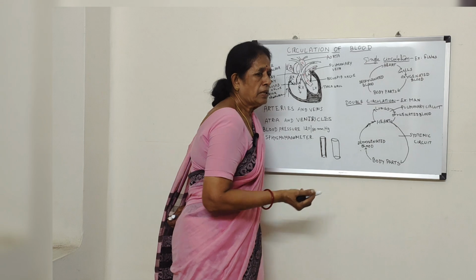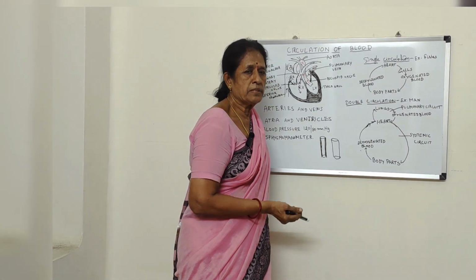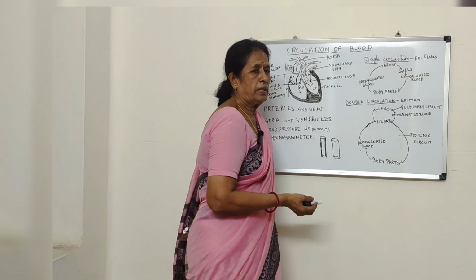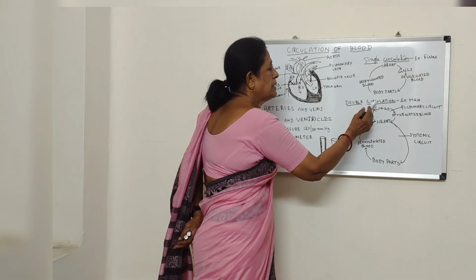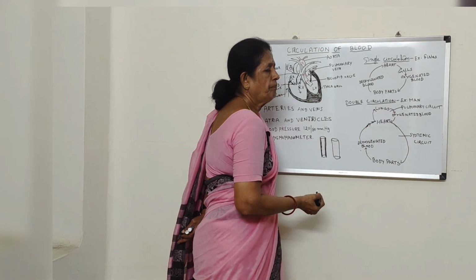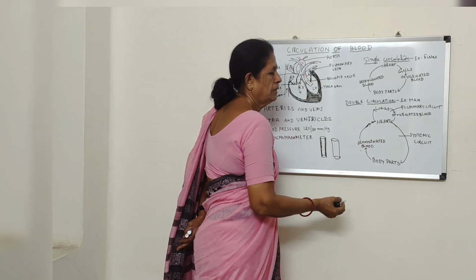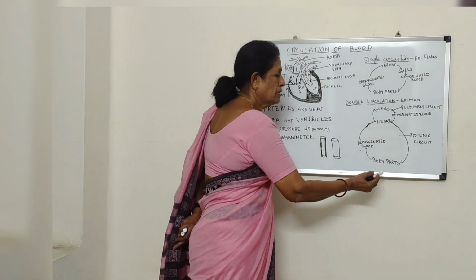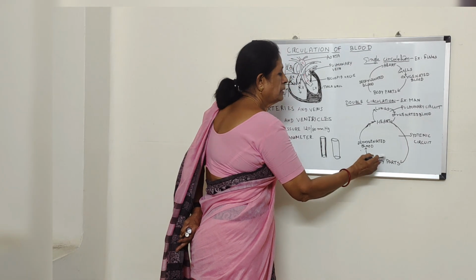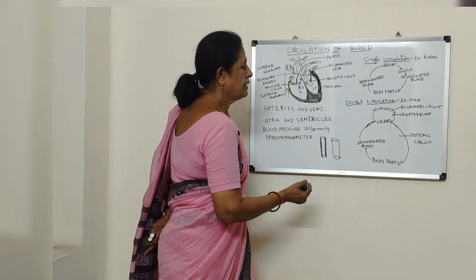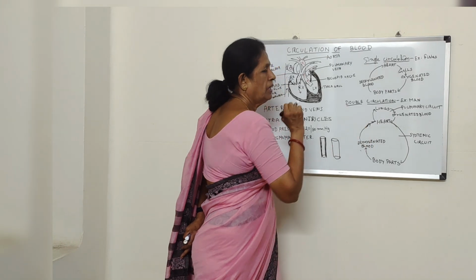But in higher organisms like amphibians, reptiles, aves and mammals, there is double circulation. What is double circulation? It means two circuits are present. From the body parts, the deoxygenated blood is collected by the superior vena cava and inferior vena cava and goes to the heart.